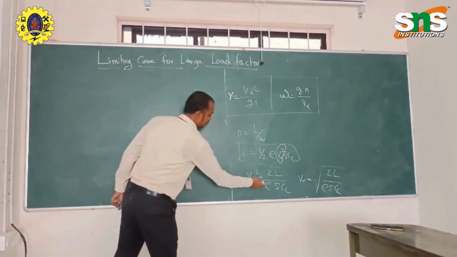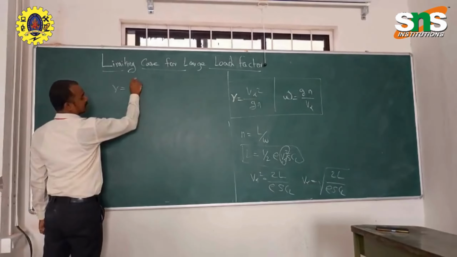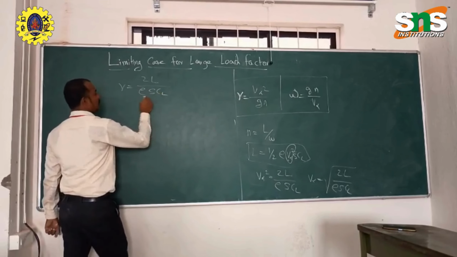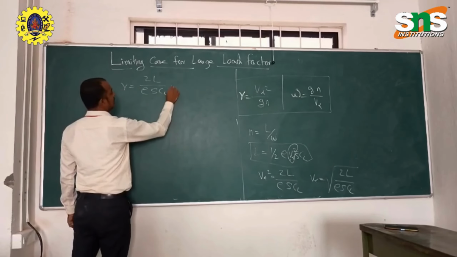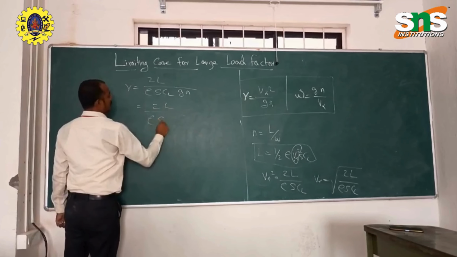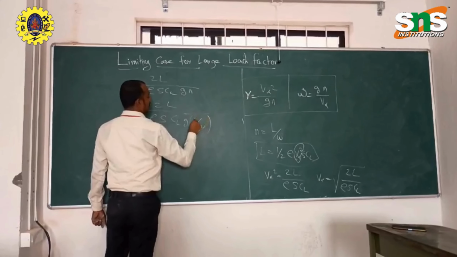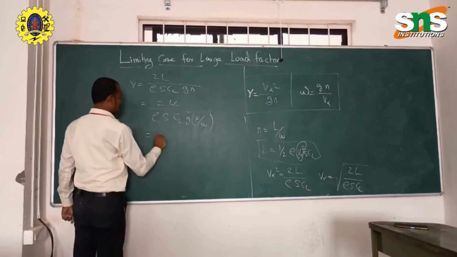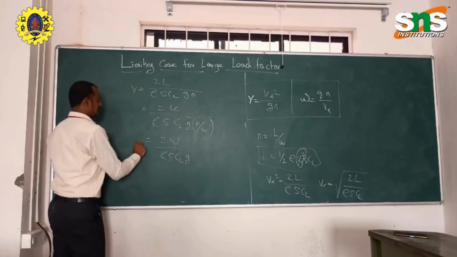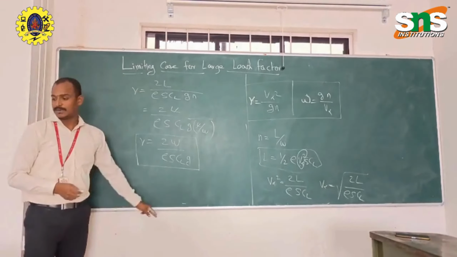Now we substitute the V infinity square value in the turn radius: R equals 2L divided by rho S CL, whole divided by g n. This load factor is L by W, so we can cancel this L, and W goes up. So R equals 2W divided by rho S CL g. This is the turn radius in the limiting load condition.